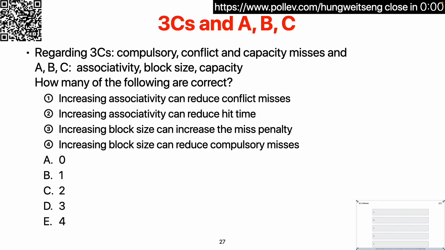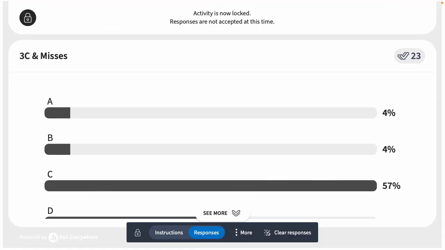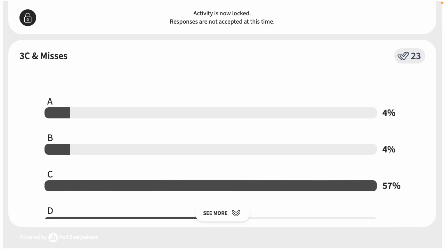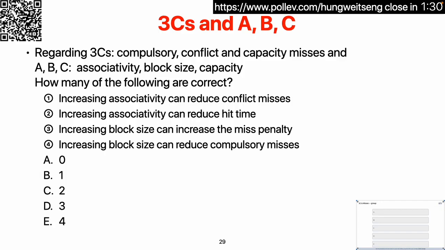All right. In the first round of voting, C is the most popular answer, but it is also D for 30% of you. So why don't we sync up and discuss with your friend for another 90 seconds.